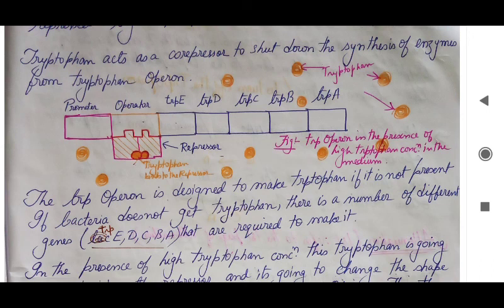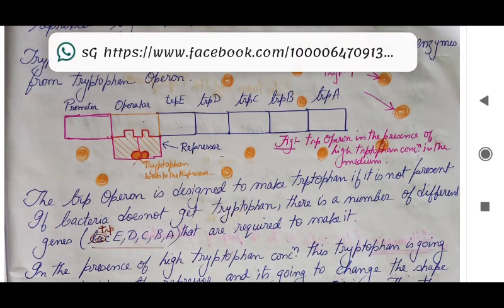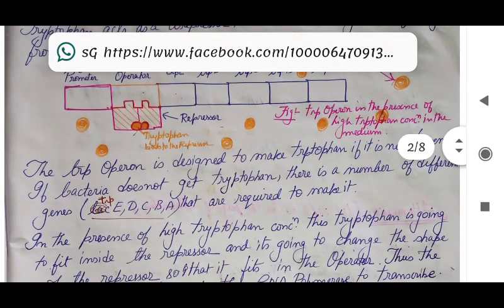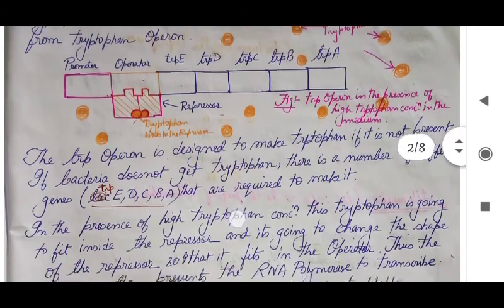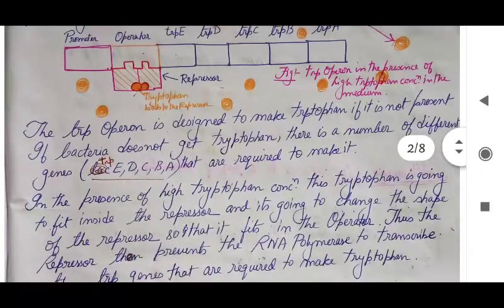The operator will prevent the RNA polymerase from binding and carrying out transcription of the genes that deal with the formation of tryptophan. So the tryptophan operon is designed to make tryptophan.